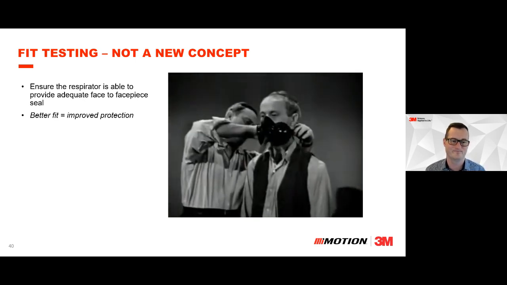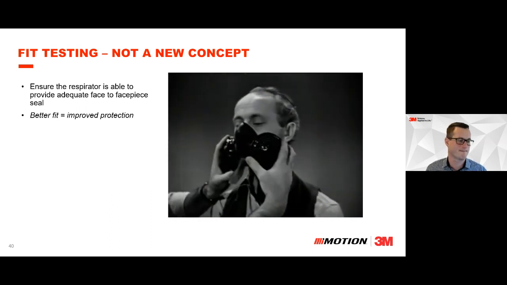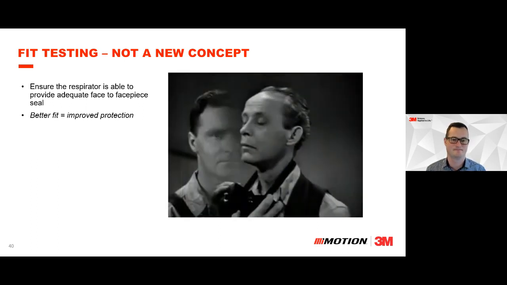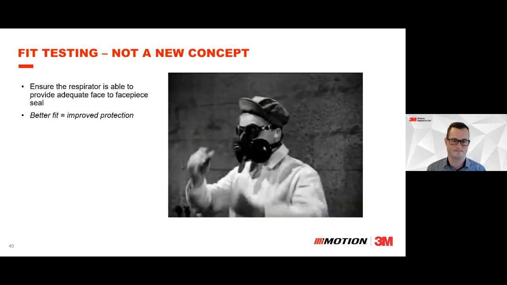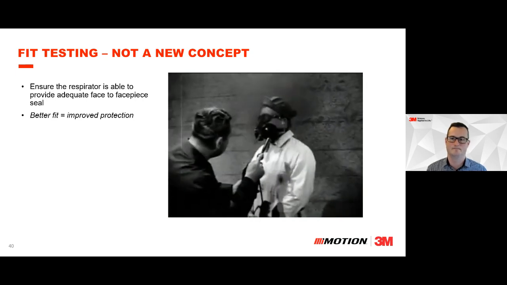To make sure it would fit various kinds and sizes of faces, it had to form a dust-tight seal on all types: the long and narrow, the median, the round and full. To test security of fit, coal dust was blown into the air.